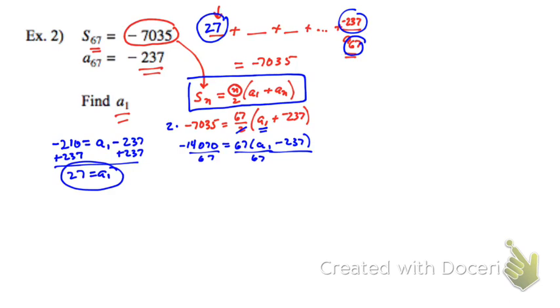So that's what you're looking at doing today. Just remember, when you're given this piece of information right here, there's 2 pieces of information in there. How many numbers you add up? 67. And what's the answer you get when you add up those 67 numbers? Negative 7,035. So remember, that's 2 pieces of information in one.